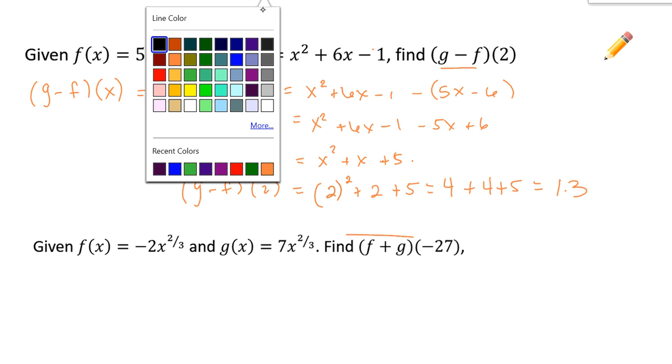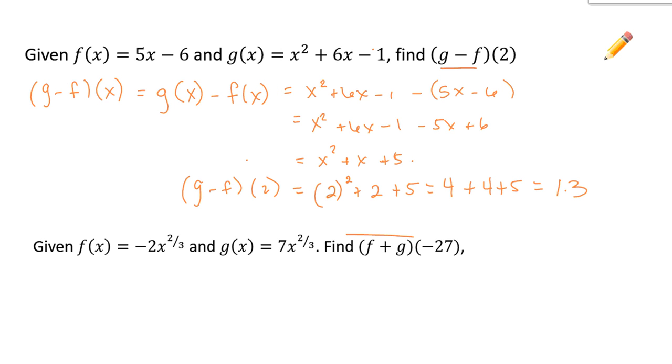Now, you could have, coming back to this idea right here, g minus f of x equals g of x minus f of x. If you looked at it back here, g minus f of 2, that would be the same thing as g of 2 minus f of 2.